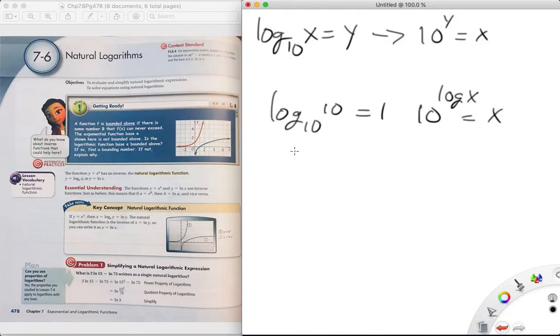Same thing with natural log. So I can do ln of e equals 1, and I can raise e to the ln of x, and that equals x. These inverses are also applicable since it's natural log. And so we're going to do essentially the same properties with ln, with natural log.